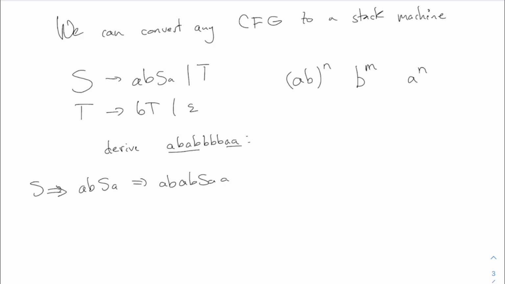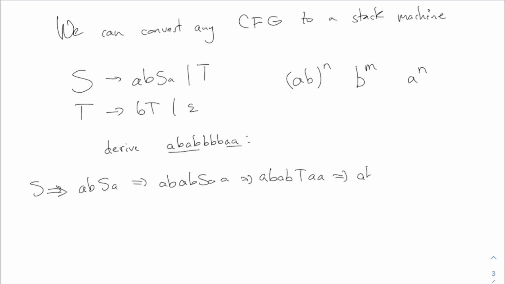And then this S in the middle needs to become those three B's. The way to do that by grammar steps is first S becomes T, and then T goes to BT three times. So first S goes to T: A, B, T, A. And then T goes to BT three times.